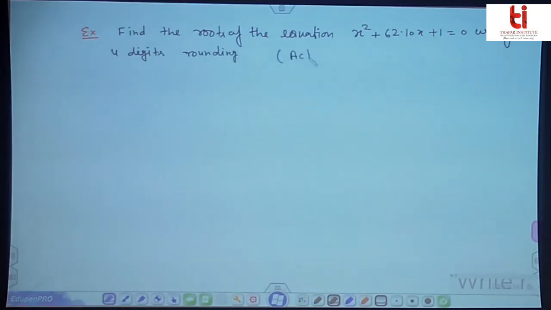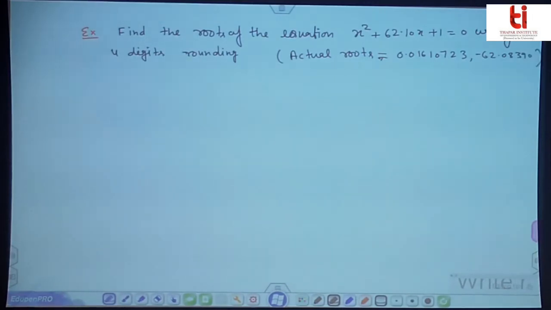The actual roots of the equation are given: 0.01610723 and minus 62.08390.